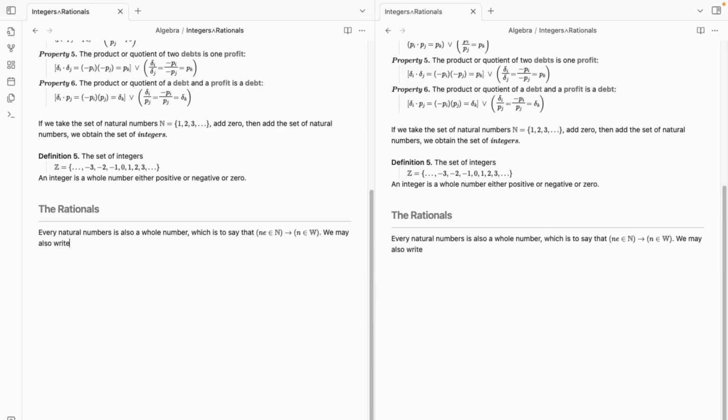We also write this idea in a sort of more condensed set notation form as follows. The set of natural numbers is a subset of the set of whole numbers.